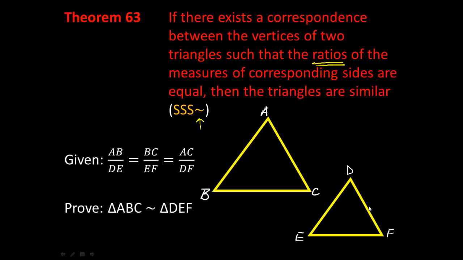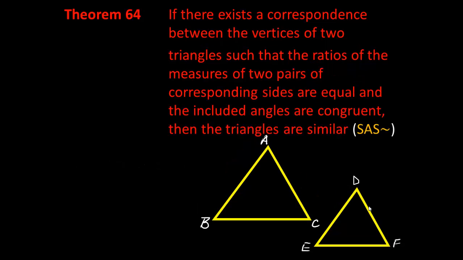Okay? Theorem 64. If there exists a correspondence between the vertices of two triangles such that the ratios, again, ratios, of the measures of two pairs of corresponding sides are equal, and the included angles are congruent, then the triangles are similar, and this is by side, angle, side similarity. Okay, now take a look.